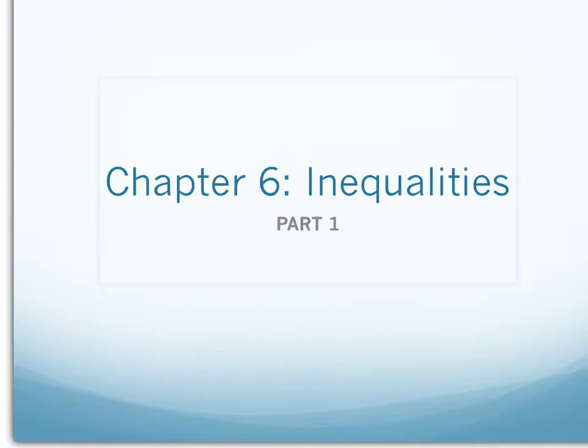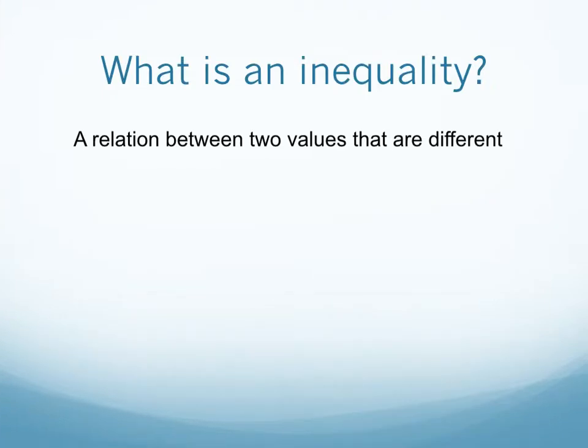This entire chapter is about inequalities, so we should probably talk about what exactly is an inequality. An inequality is a relationship between 2 values that are different. Normally we have something like x equals 4. That's equality.